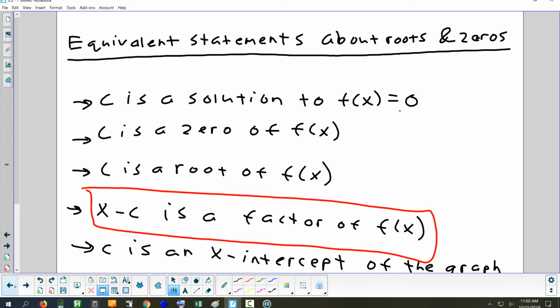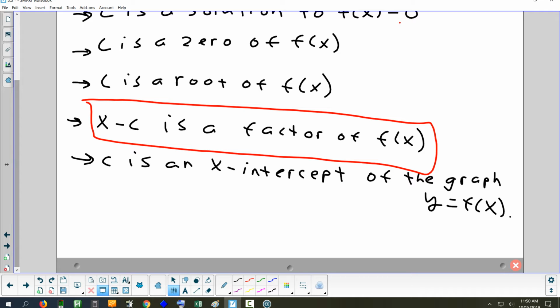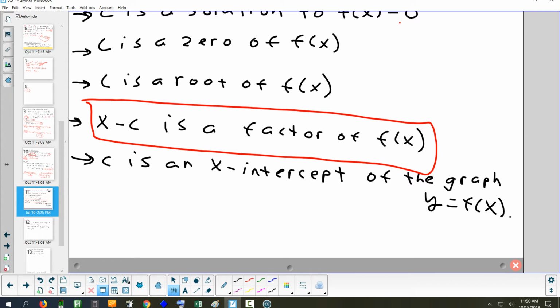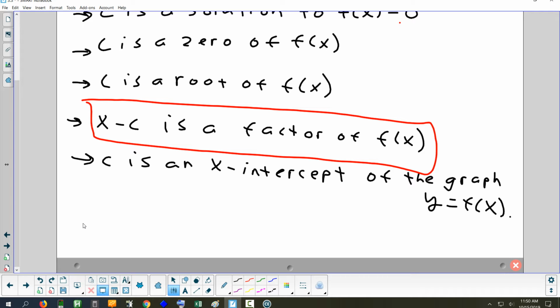So for the last problem, you're gonna need that. Okay, so I think we got two examples left. The last thing that I said is basically this: if you have a number that is a root, let's say if 2 is a root, then x minus 2 is a factor.